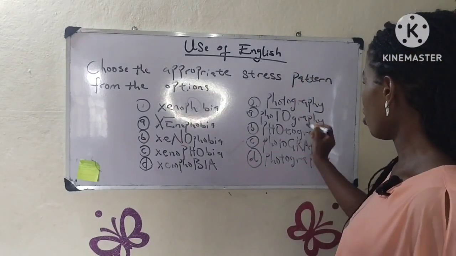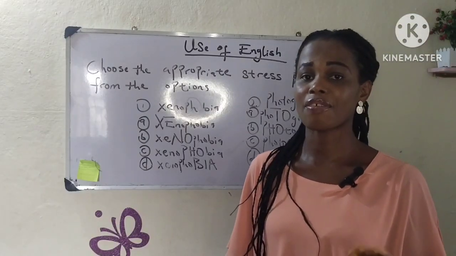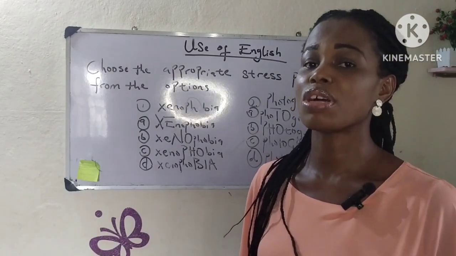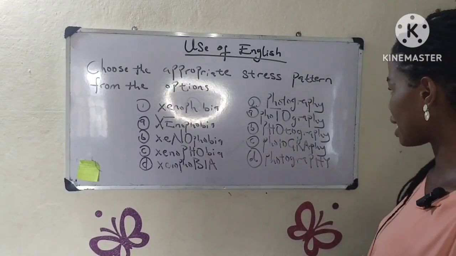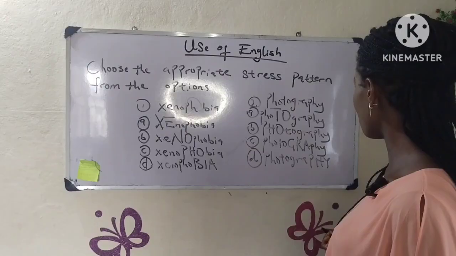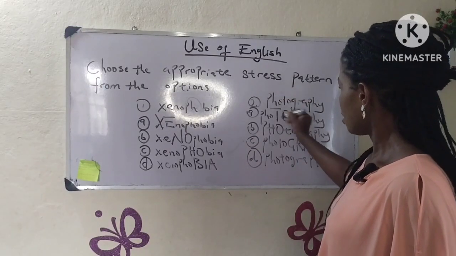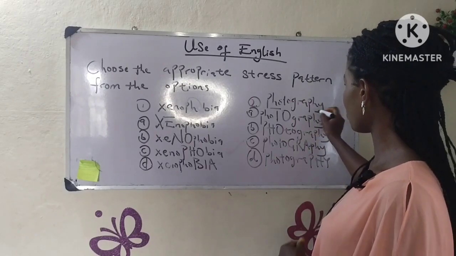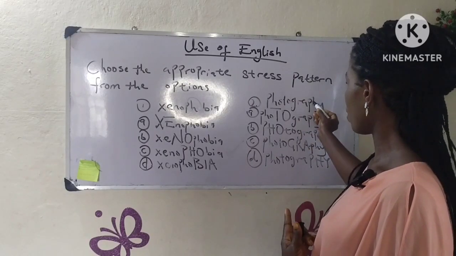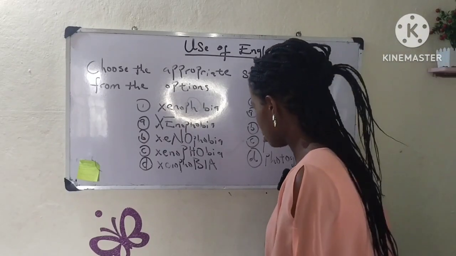Now we have photography. Photography has four syllables, so the stress is going to be on the third syllable from the end. So counting from the end of the word photography, 1, 2, 3, the stress is on TO.